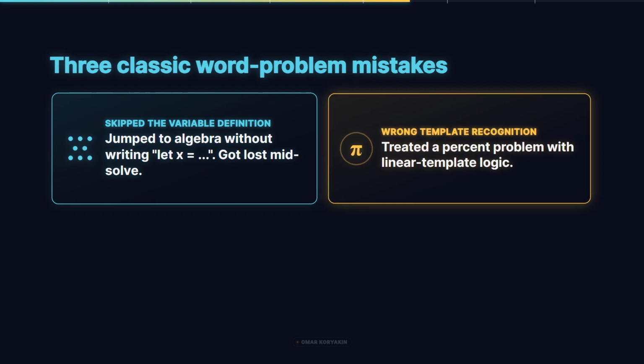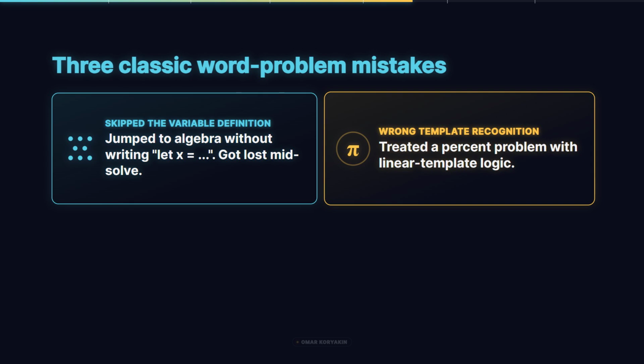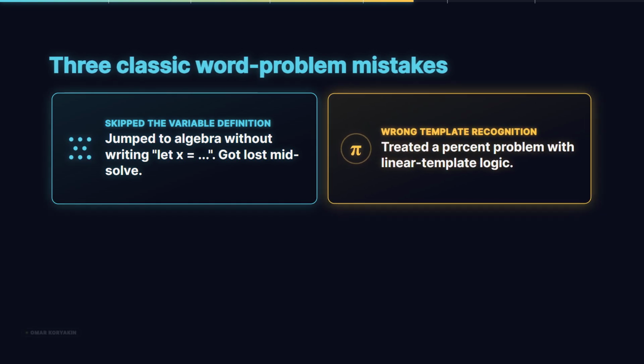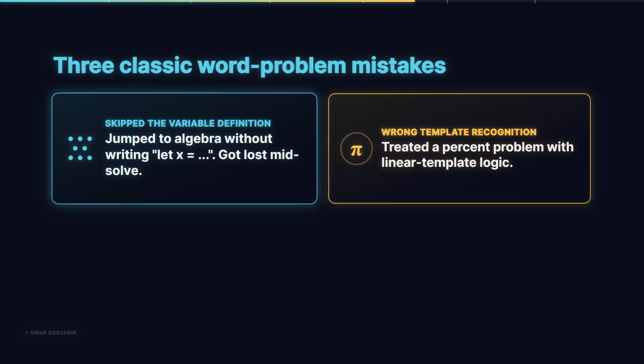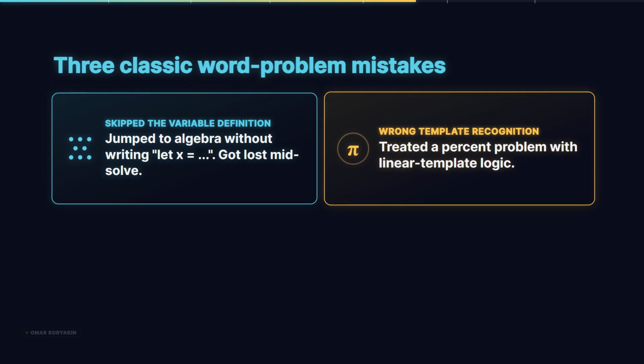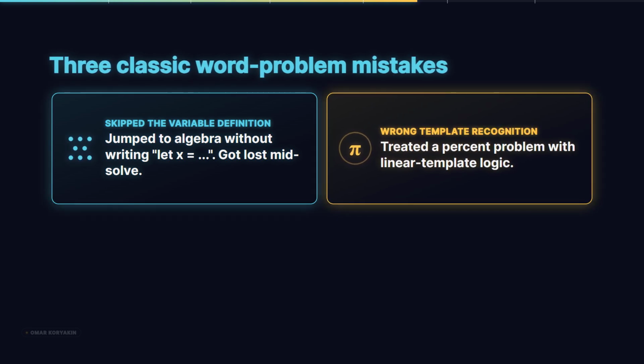The correct template is the percent change template from Section 2 Lesson 7: 55,000 equals salary times 1.10. The fix is to deliberately scan for keyword markers like percent, ratio, doubled, increased by, distance equals rate times time before writing any algebra, and to consult the Section 2 template library when the right template is not immediately obvious.